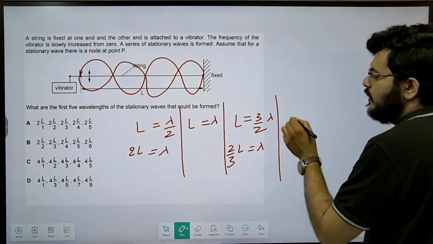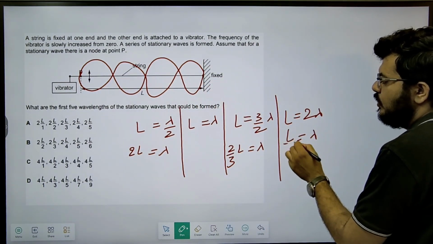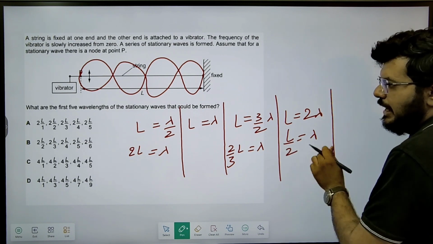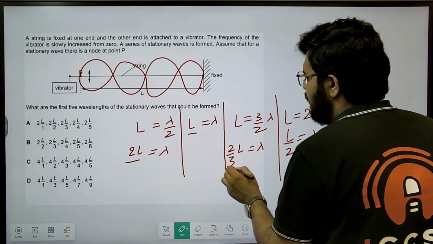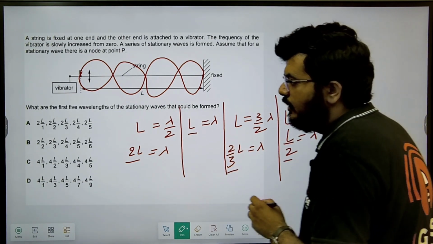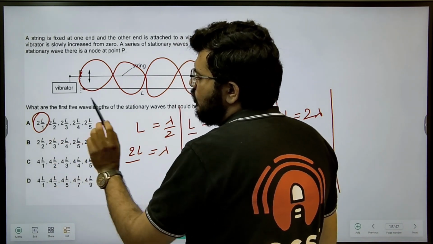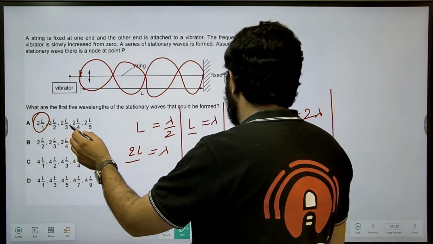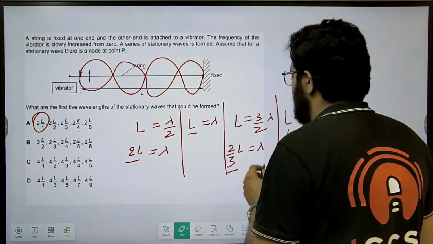So these are two waves, so length is equal to 2 times lambda, or lambda is equal to L by 2. So the lambda value keeps decreasing. So 2L, L, 2 by 3 L and L by 2. Okay, 2L by 1 is 2L, 2L by 2 is L, 2L by 3 is 2 by 3 L, 2L by 4 is L by 2.